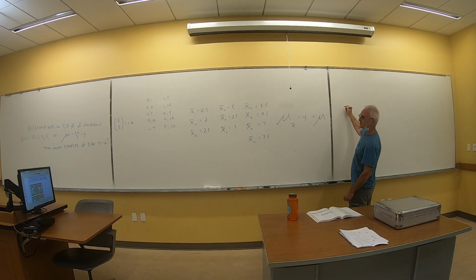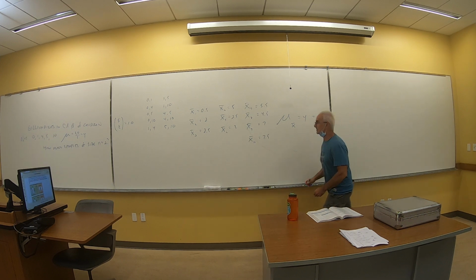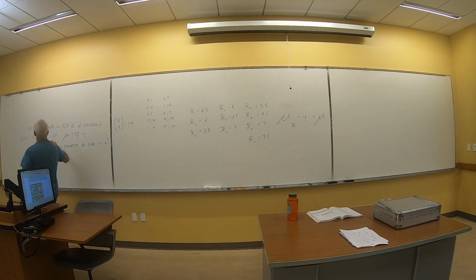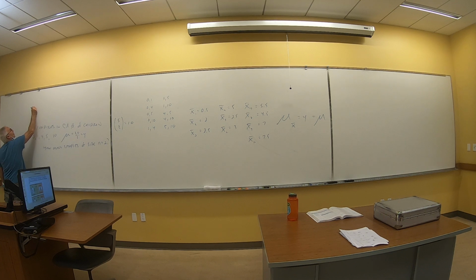So everything of size 3, I'm going to have to write it up here because I can't see these numbers. Now there's 5 choose 3, which is still 10, by the way. So I'd have 0, 1, 4. I'd have 0, 1, 5. I'd have 0, 1, 10. Now I have 1, 4, 5. I have 1, 4, 10. Hold on, did I get them all? 0, 1, 4, 0, 1, 5, 0, 1, 10.